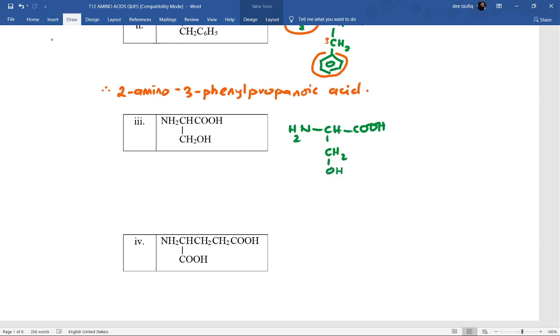This is carbon number 1, number 2, number 3. Number 2 we have amino, number 3 we have OH hydroxy. And the IUPAC name will be 2-amino 3-hydroxypropanoic acid.